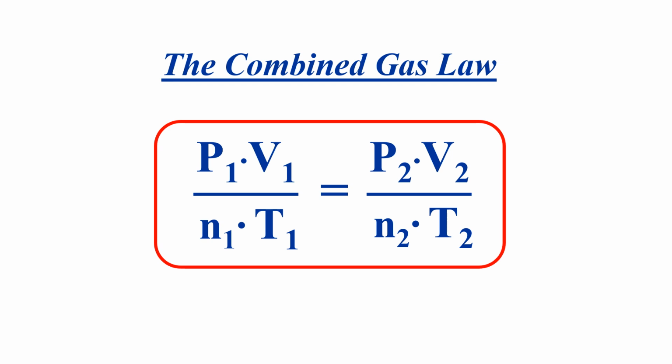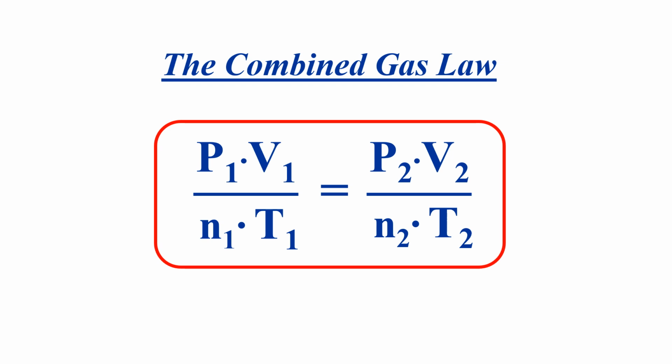After you learn the ideal gas law, you can also derive the combined gas law, which means P1 multiplied by V1 over N1 multiplied by T1 equals P2 V2 over N2 T2.